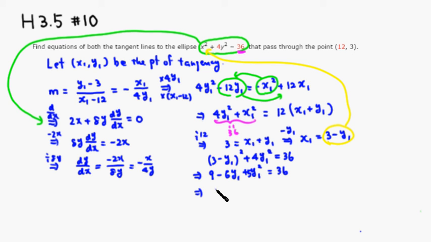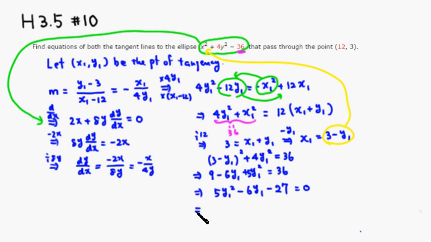If you clean it up, it's 5y1 squared minus 6y1, and then 36 moved over to the other side becomes minus 27 equal to 0.